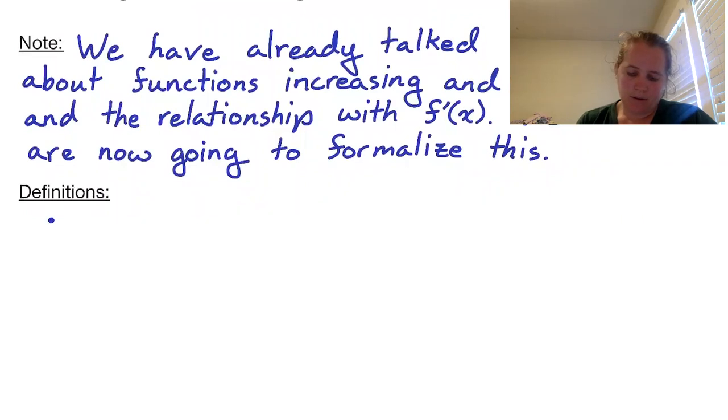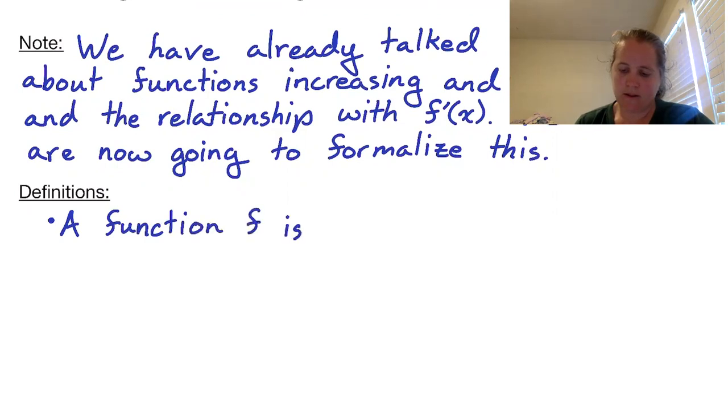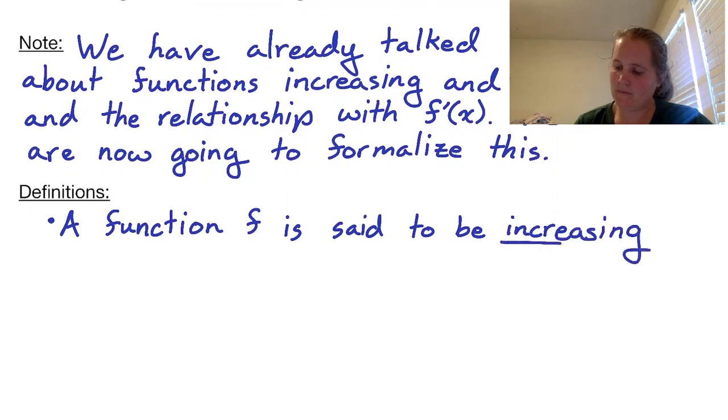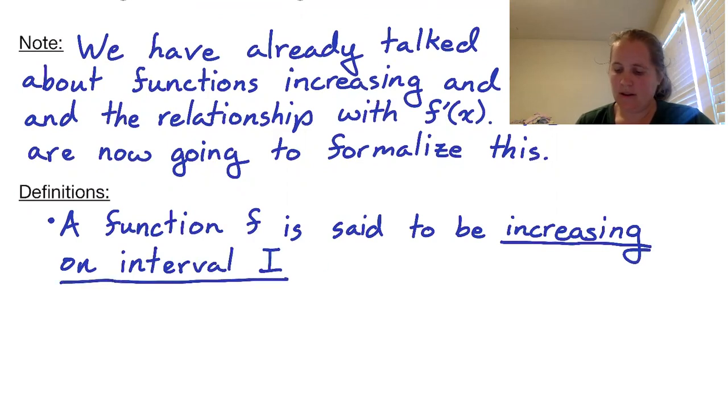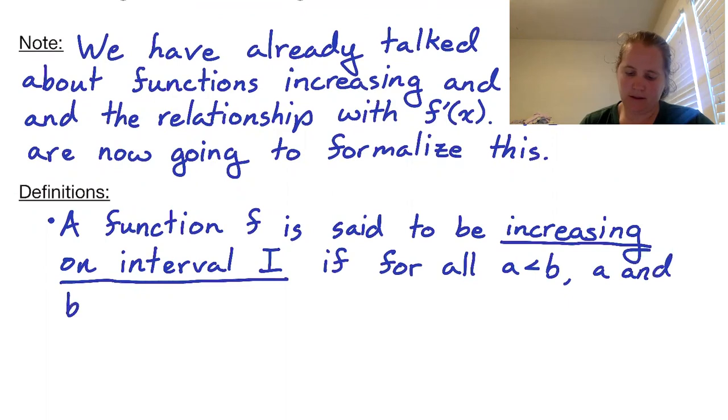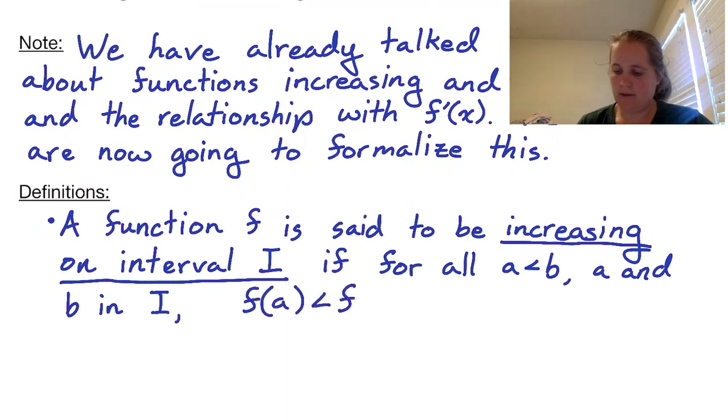A function f is said to be increasing on the interval I if for all a less than b with a and b in I, we have that f of a is less than f of b.